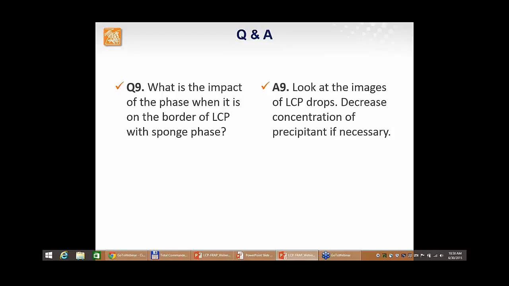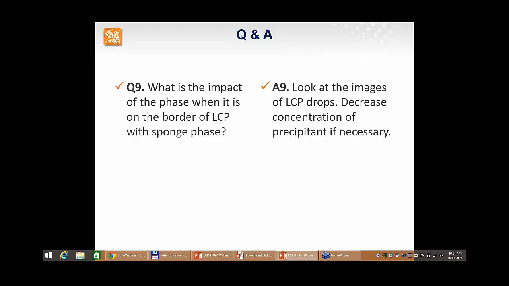So you should look at these images, and from the images you can actually see whether your droplet transformed into sponge phase or not. When transformed into sponge phase, it appears as a liquid droplet, so it will have very smooth edges. Whereas LCP is a gel-like phase, you will see some irregularities at the edges of the LCP balls.